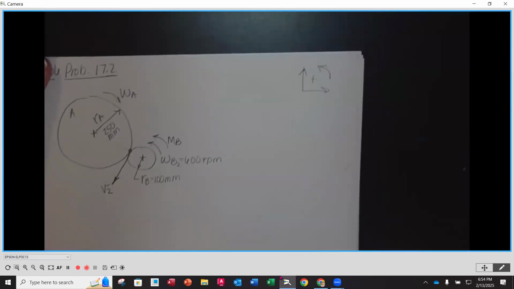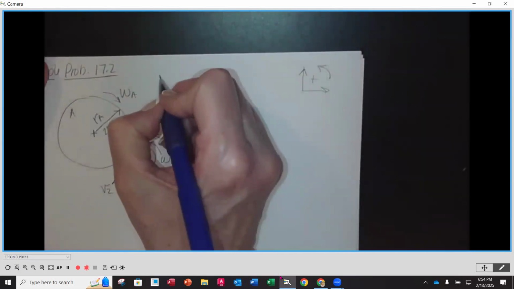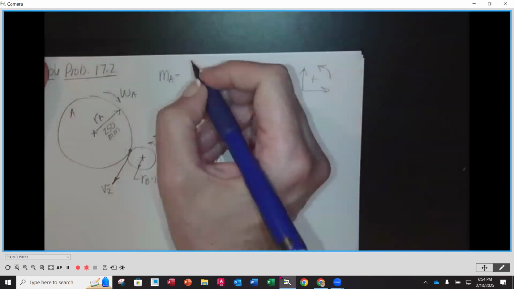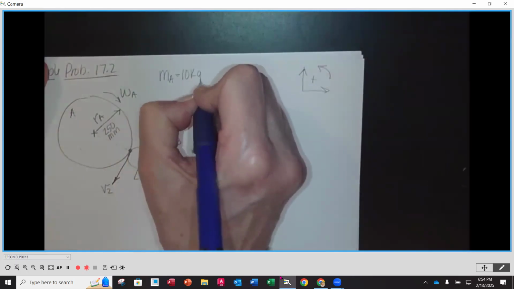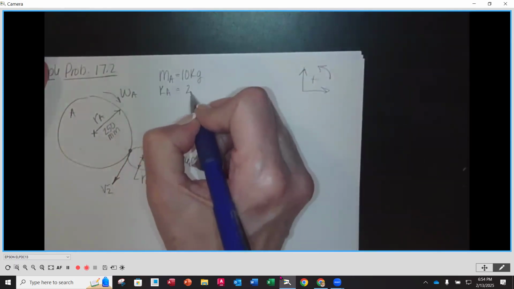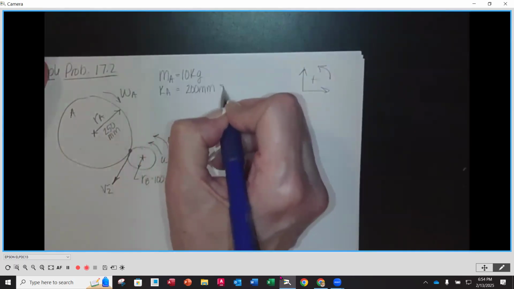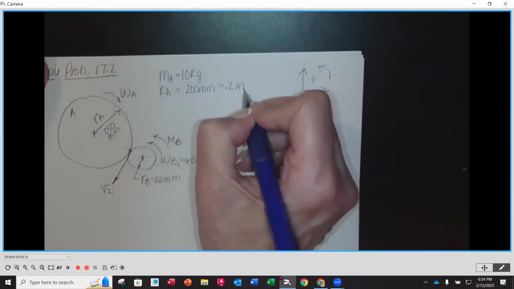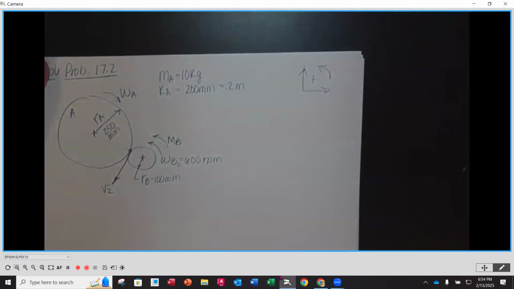I do want to put my givens, which are mass A equal to 10 kilograms. Radius of gyration around A is 200 millimeters, which is equal to 0.2 meters. I'm going to convert that right away, just moving the decimal place. You don't have to show that.